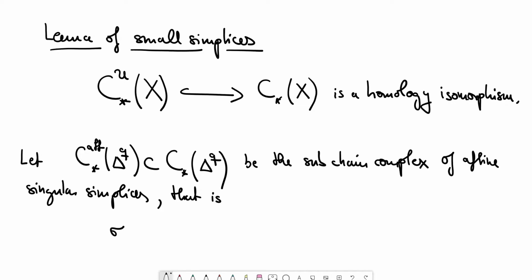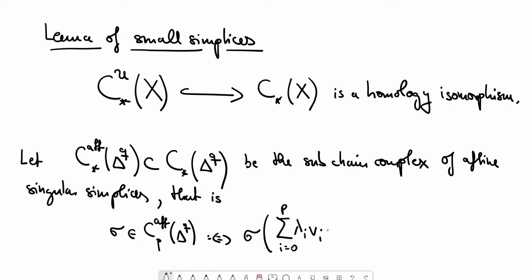So such a sigma lies in C_P affine of delta Q by definition if sigma of a typical element in delta P looks like that. So this is the sum over i of lambda_i times sigma of V_i.